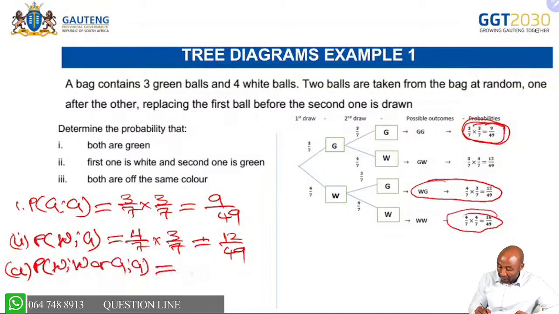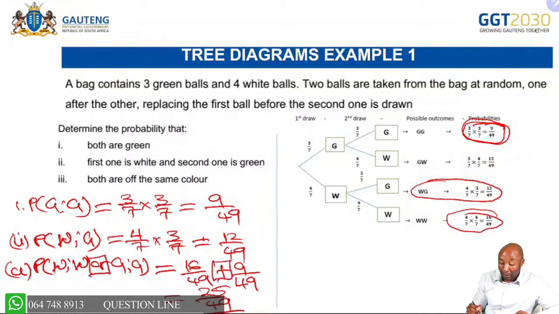The probability of having both white, it's 16 over 49, plus the probability of getting green and green, it's 9 over 49, and this will give us an answer of 25 over 49. Remember, I talked about the words or and and. Or we add and you multiply. Let's move on.